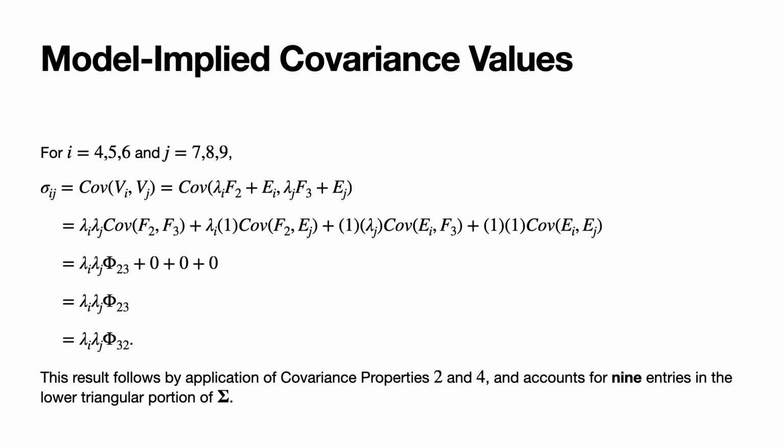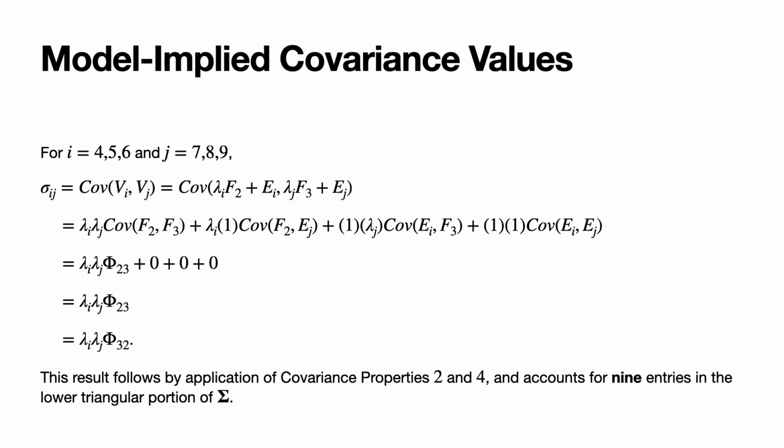Next, let i range from 4 to 6, while j ranges from 7 to 9. In this case, sigma sub ij, which again by definition is the covariance of v sub i and v sub j, is equal to the covariance of lambda sub i times f2 plus e sub i with lambda sub j times f3 plus e sub j.